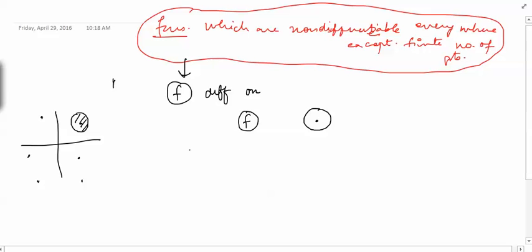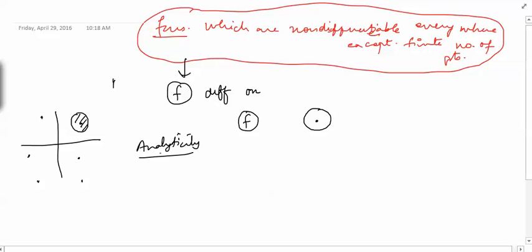So for that we further define something called analyticity, right? What is analyticity? Let us look at that. First I'll define what analyticity is. Just write the definition.